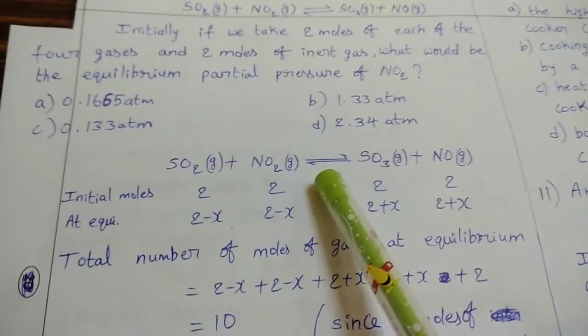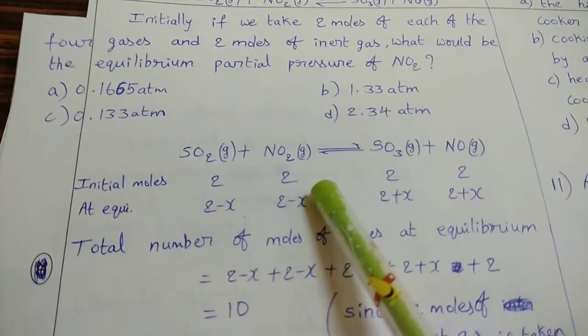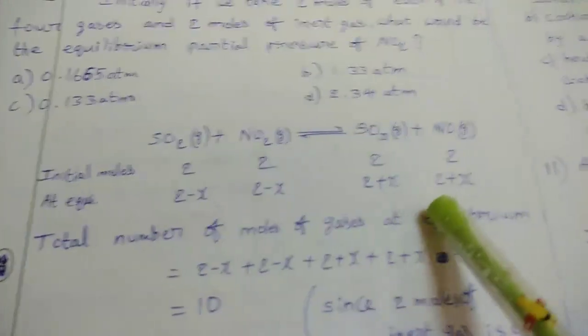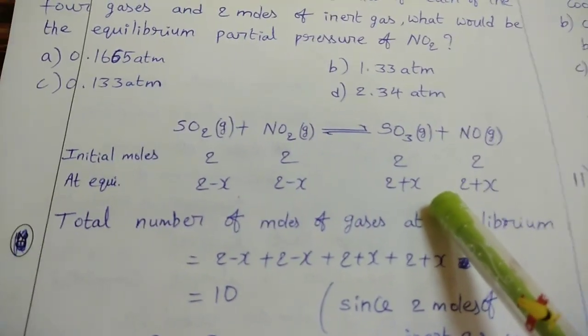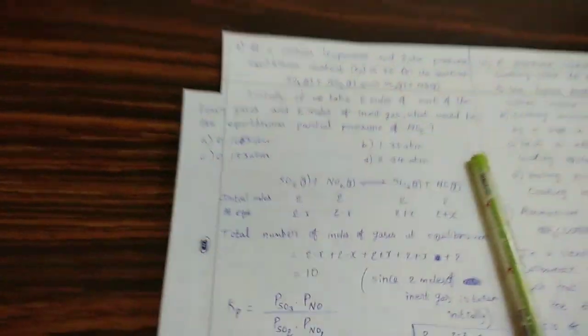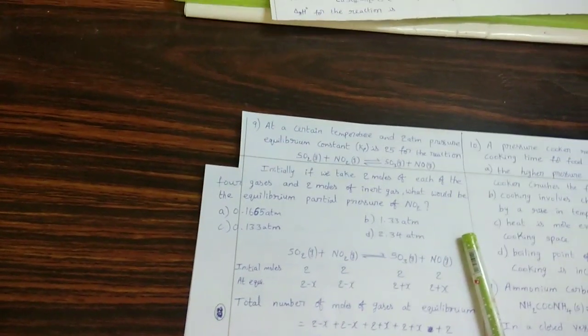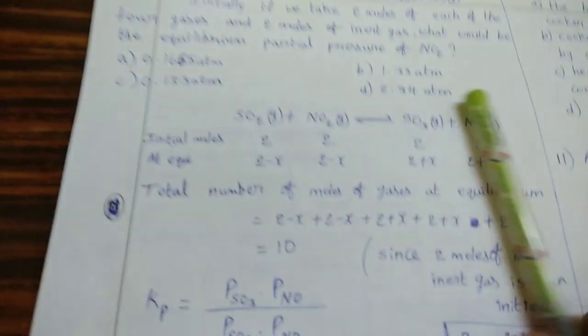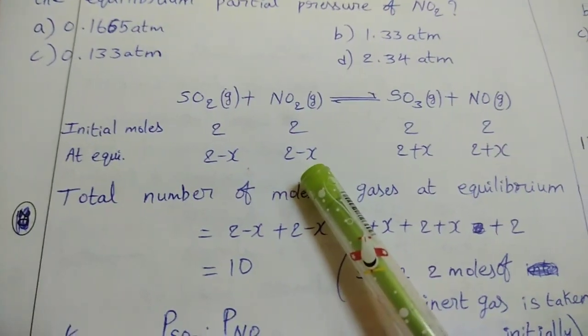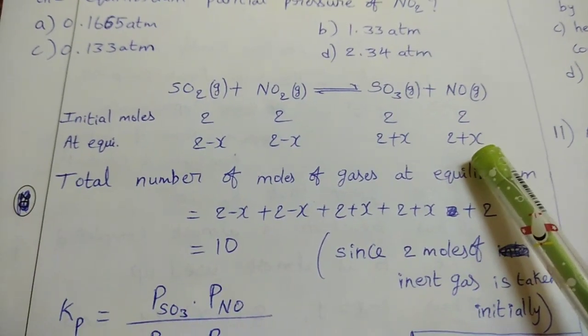This is the given equation, and this is the given number of moles for all of these. From this, x moles is consumed, and here x moles is formed. So at equilibrium we have 2 minus x, 2 minus x, 2 plus x, 2 plus x.